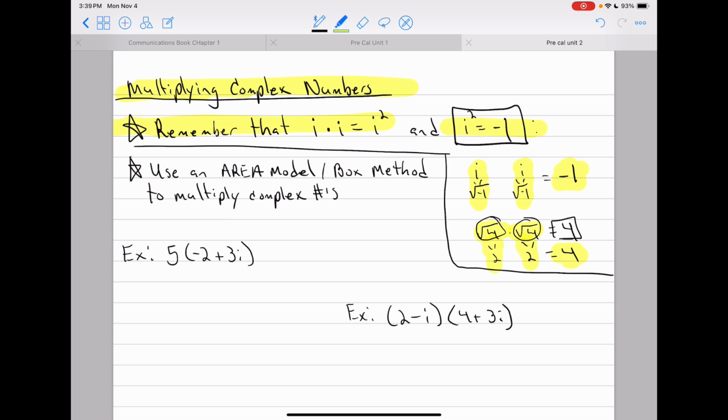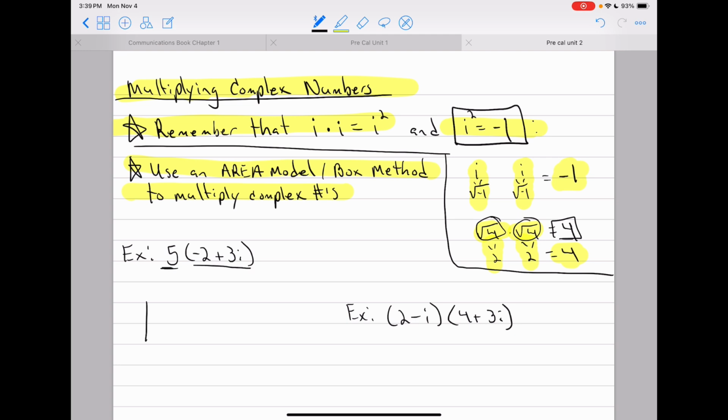So let's get busy here. What's the other thing you have to do? You're going to use an area model, aka the box method, to multiply complex numbers. Let's get it done. Example 1 says 5 times (-2 + 3i).